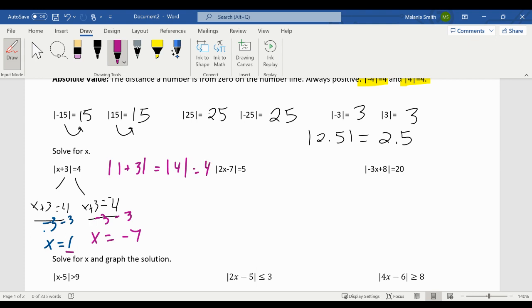And then if I take my negative 7, the absolute value of negative 7 plus 3 is going to be the absolute value of negative 4, and the absolute value of negative 4 equals positive 4. All right, so I'm going to erase where I checked so I have a little bit of room. If you want to copy that down, pause real quick.